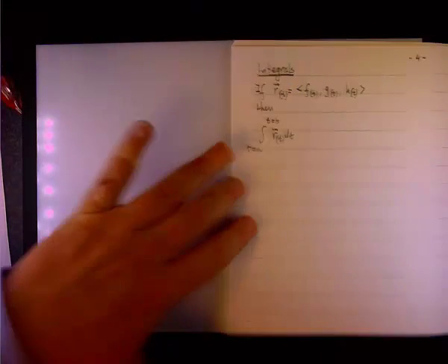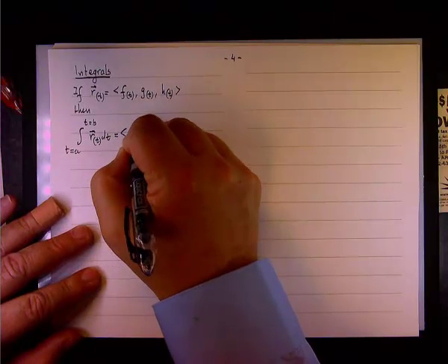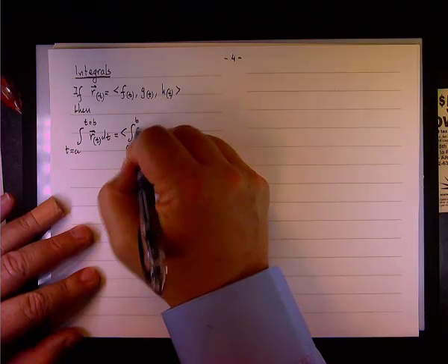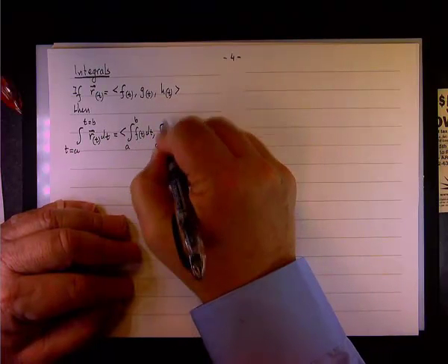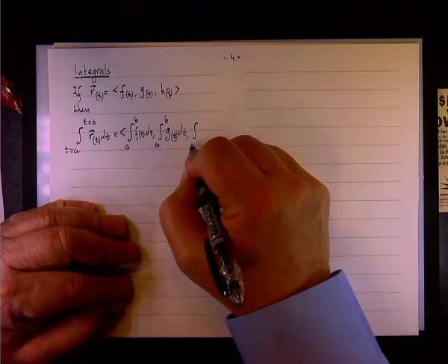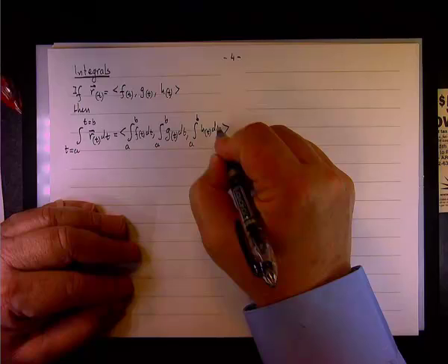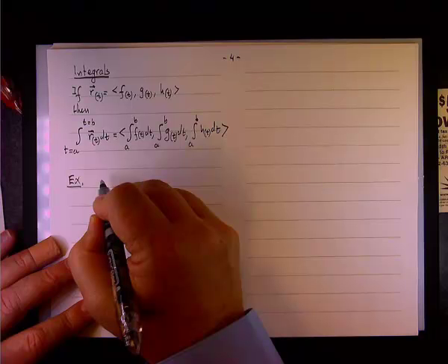The integral, and I'll do the definite integral, from t equals a to t equals b of r of t dt is the vector where each component is an integral. So it will be the integral from a to b of f of t dt in the first position, then the integral from a to b of g of t dt, and then the integral from a to b of h of t dt.